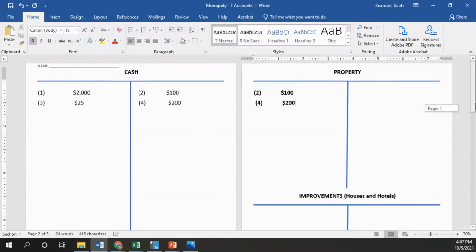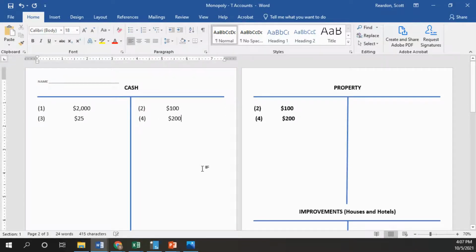All right. Then we come across and go, oh my goodness, we're assessed for street repairs. Taxes. All right. And we're going to pay $100 for street repairs. Cost of doing business, right? We reduced cash. We just lost cash. Well, now what do we do?